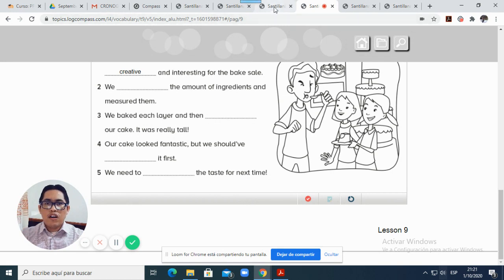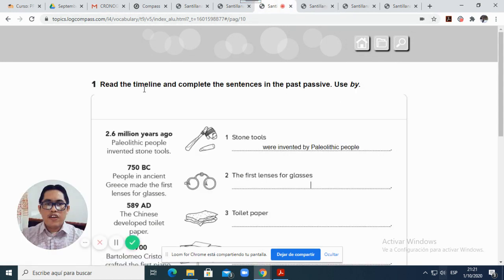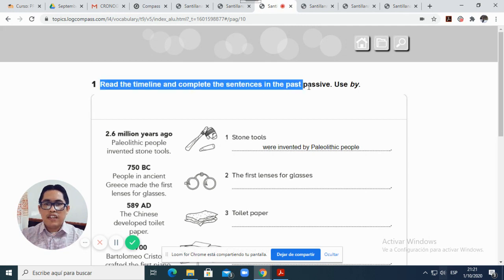Let's see examples of lesson 10. It says here, read the timeline and complete the sentences in the past passive used by. We have a sentence here. It says 2.6 million years ago, Paleolithic people invented stone tools. So what we will do is to rewrite this sentence in the past passive.